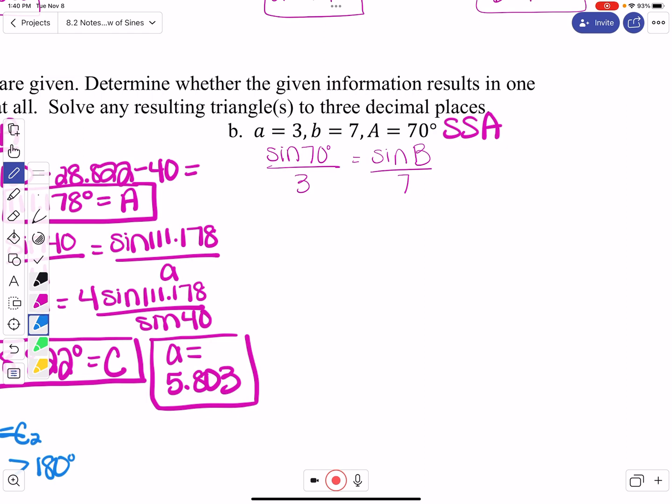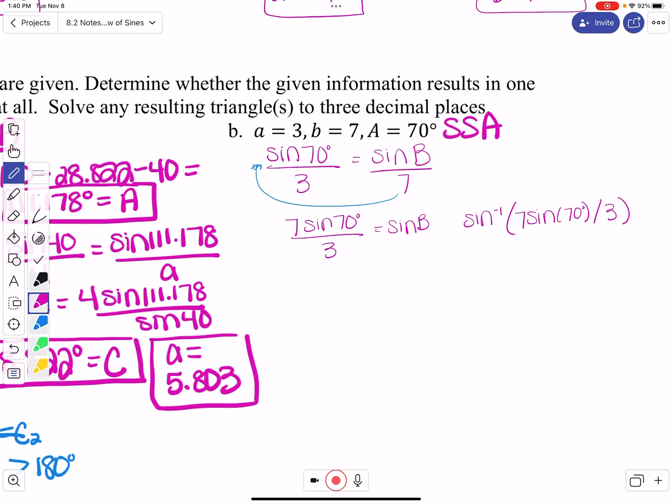So if I take the 7 and I move it up and over here, I have 7 times sine of 70 over 3 equals the sine of B. And since I'm looking for the angle, what I'm going to type in is the inverse sine of 7 times sine of 70 degrees divided by 3.